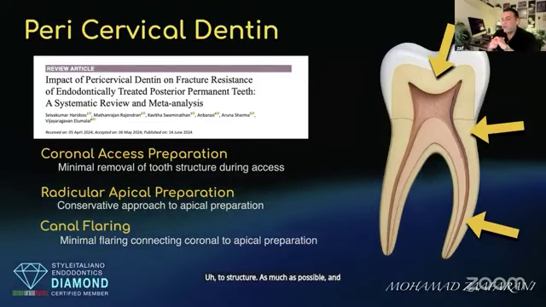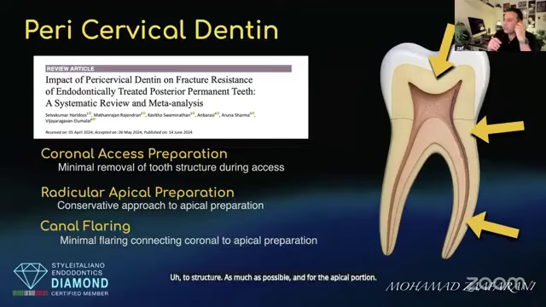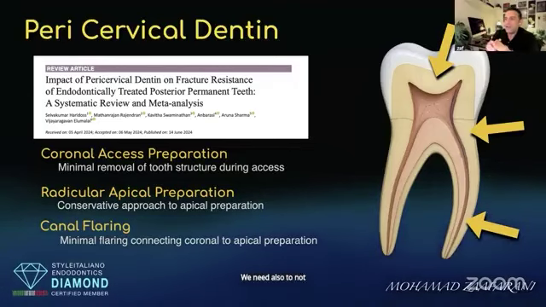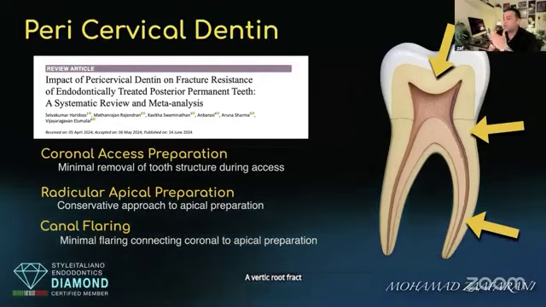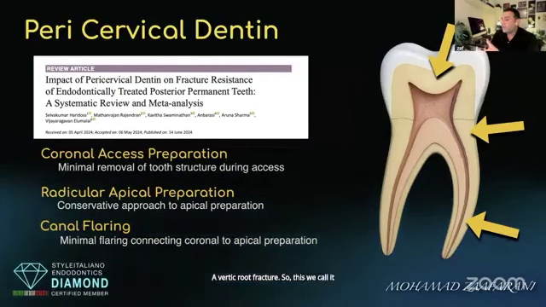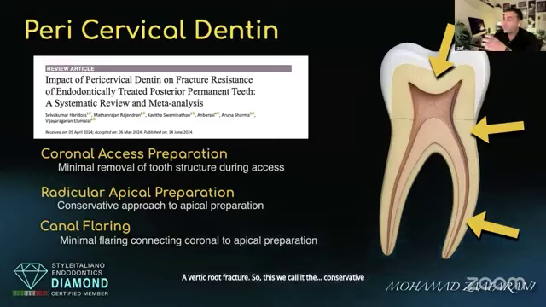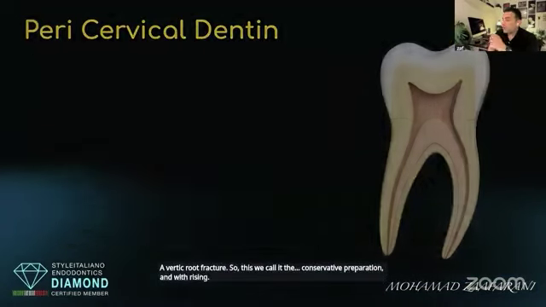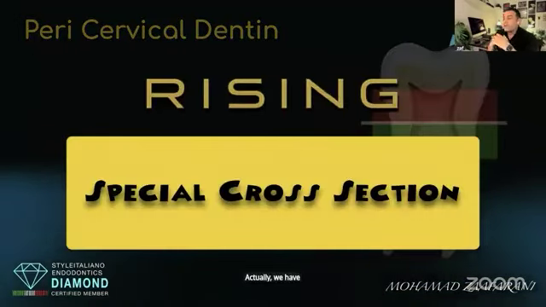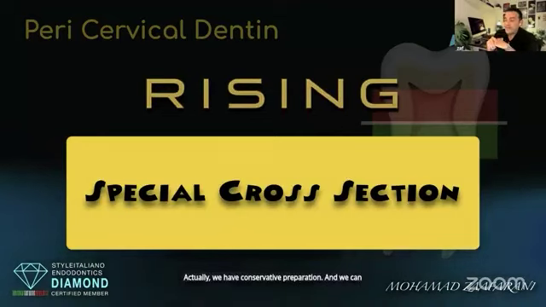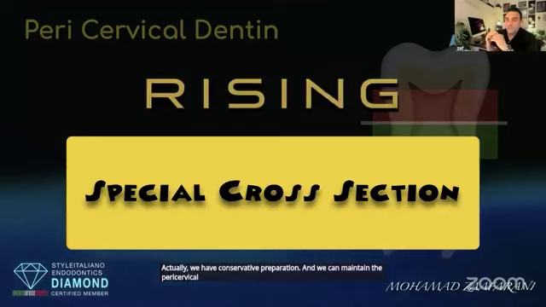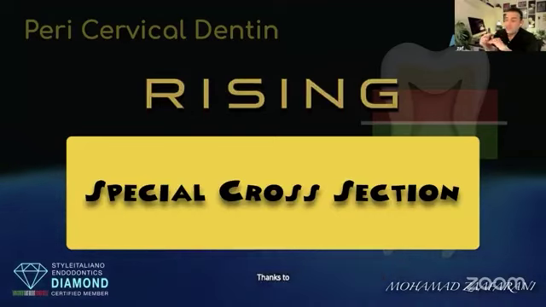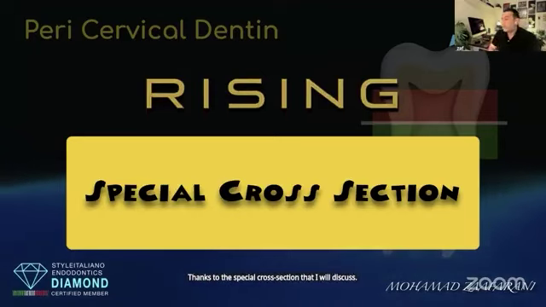And for the apical portion, we also need to not over-enlarge the canal, so as not to initiate a vertical root fracture. This we call conservative preparation. And with Rising we have conservative preparation, and we can maintain the pericervical dentin thickness, thanks to the special cross sections that I will discuss now.